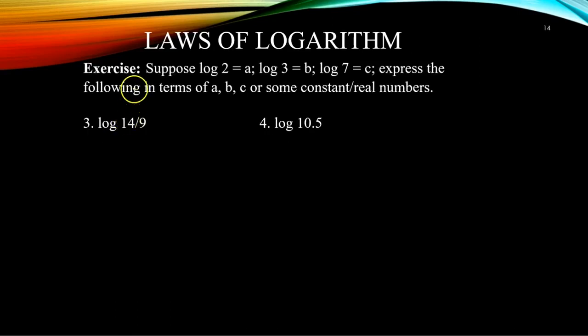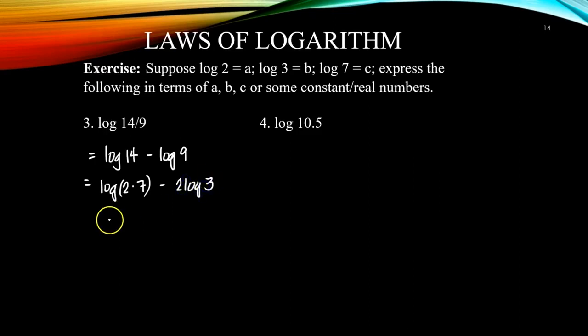Let's go to another one. Logarithm of 14 over 9. So I can just say logarithm of 14 minus logarithm of 9. But 14 is 2 times 7, minus 9, which I can say is 2 logarithm of 3.